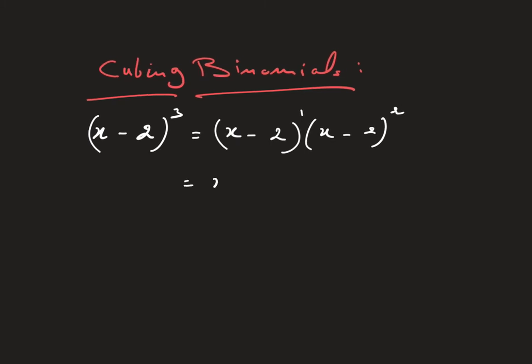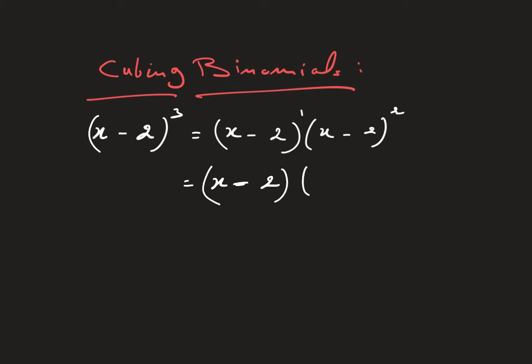We're going to have x minus 2 times x minus 2 squared. Now this is the same thing as the perfect squares, like the binomial squares. When we have a minus b squared, that's a squared minus 2ab plus b squared.